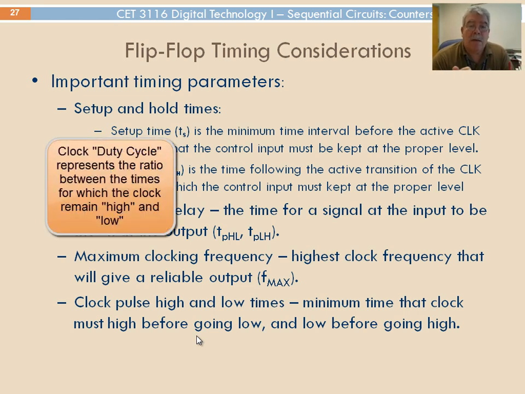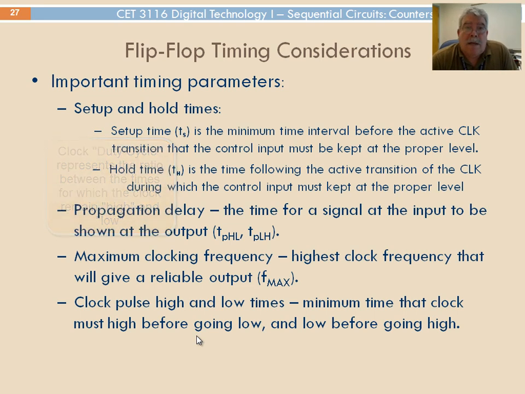Typically, a clock that is equally high and low in time is called a clock with 50% duty cycle. In this case, the clock pulses may have different times for high and low, and that's what the spec essentially says here.